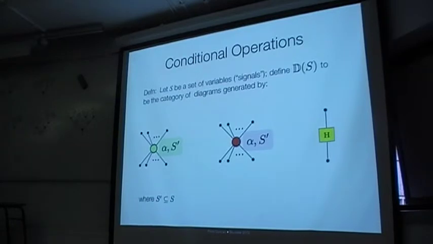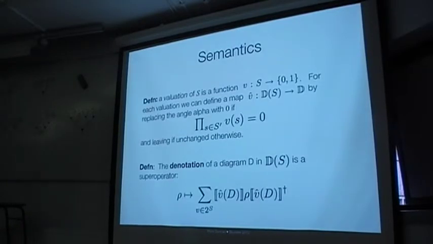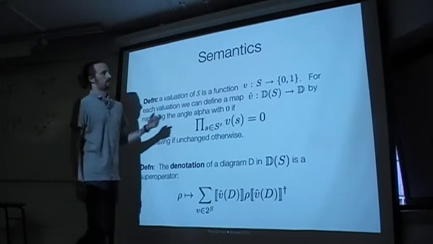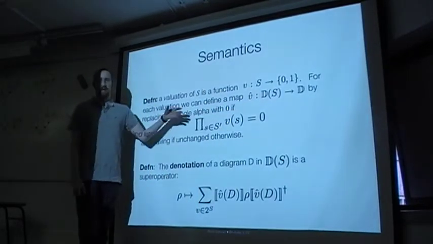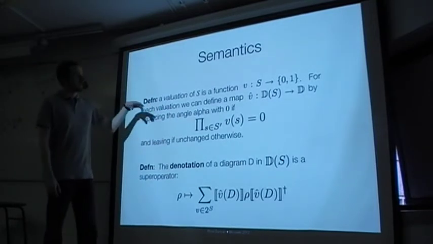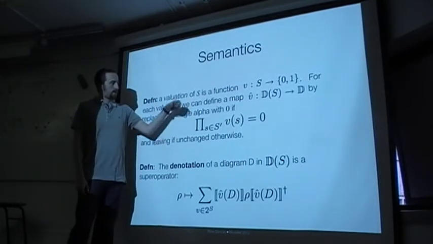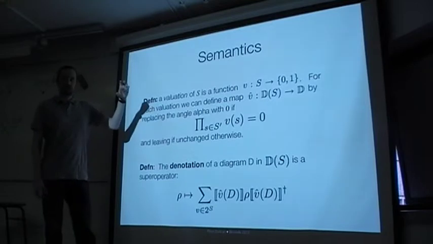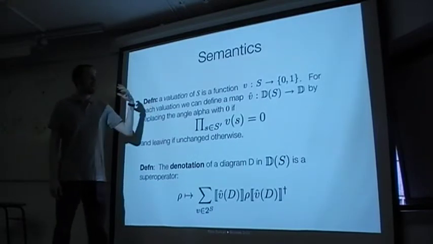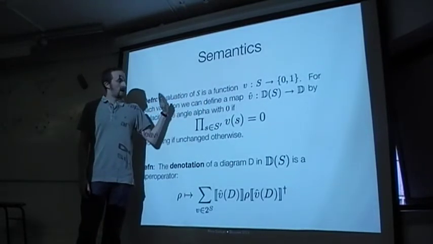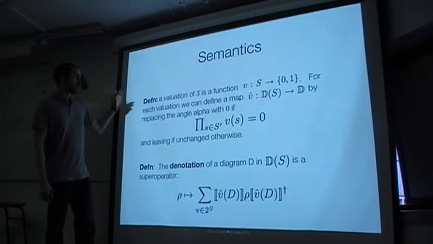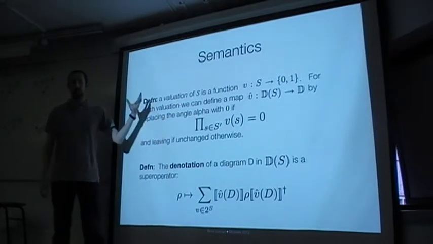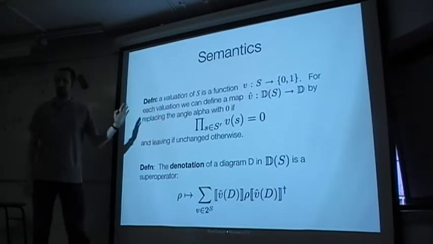And the intended interpretation of this is that whenever I have a valuation of those variables, i.e. a function from S into 0, 1, then I'll define a new diagram by, at each vertex, when I have this collection of variables there, forming the sum modulo 2, and if it's 0, then I will replace the angle alpha with 0, and if it's 1, I'll leave alpha unchanged.